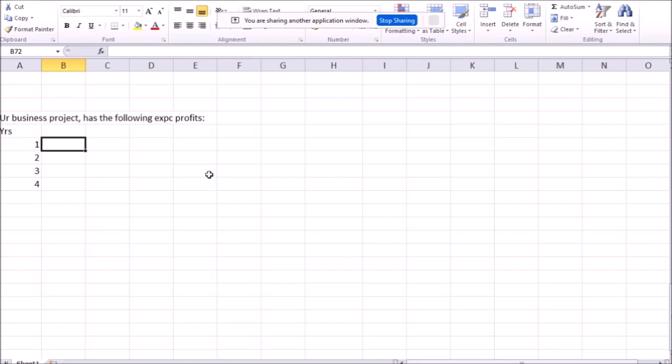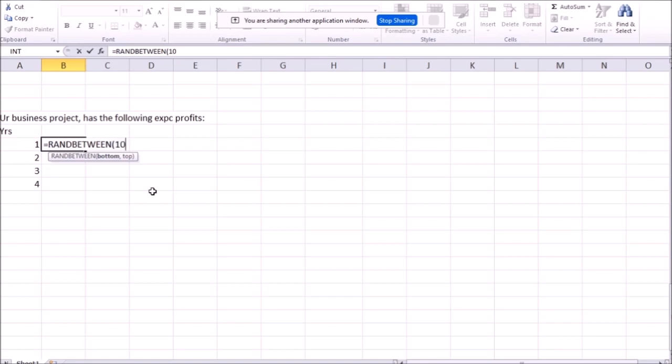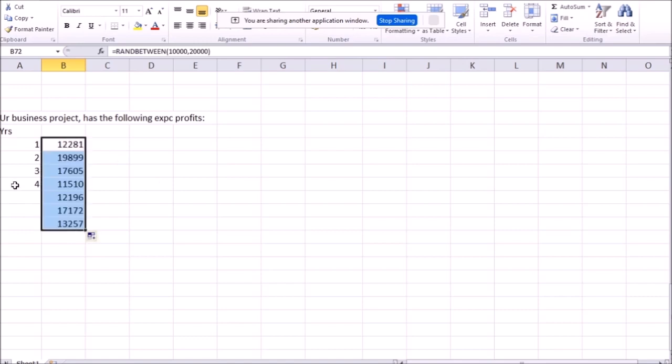You can have investment right now. You can start spending money right now. But to generate profit, you need some time. So whatever the numbers are, let's have some random numbers there. Random between 10,000 and let's say 20,000, whatever it is. Let's have a longer project.